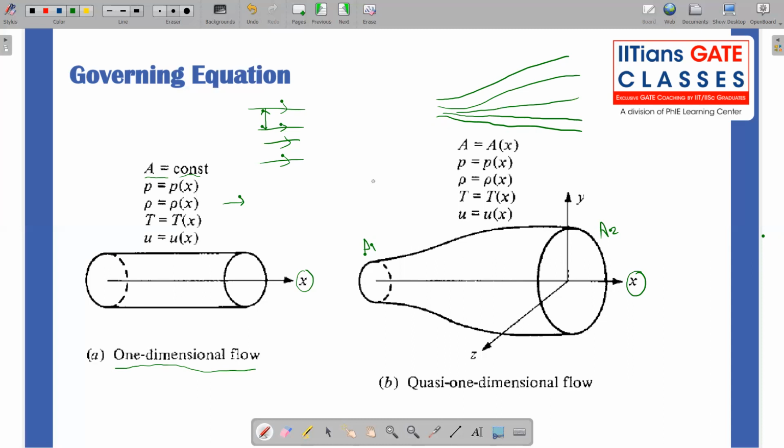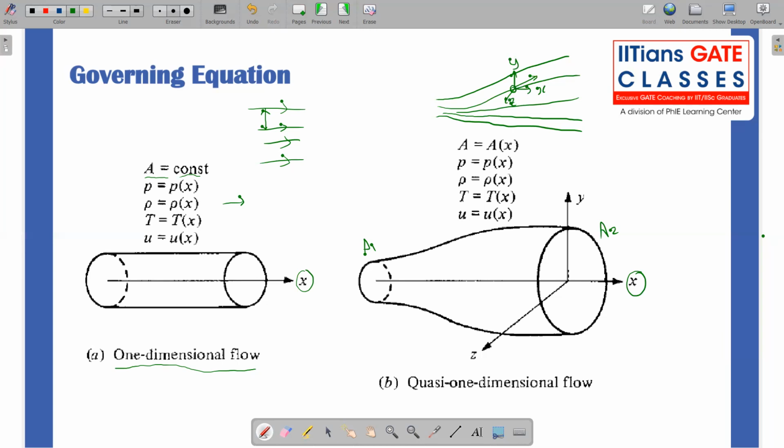So in this scenario, strictly speaking, this flow is three-dimensional. Wherever I take, if I want to calculate velocity at this point, the velocity is truly a tangent, right? So it has a component in x, y, and z direction. So truly speaking, it is three-dimensional. But what we are imposing now is, compared to x direction, the other two components, y and z components, are negligible.